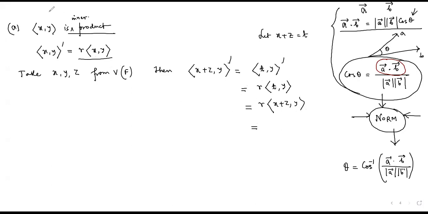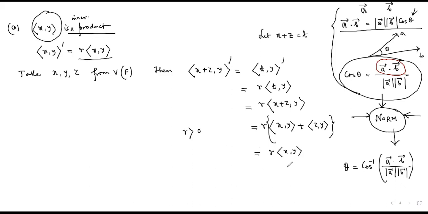Now you know that XY is inner product. So you can apply the first property on this inner product. You cannot apply it directly on prime, but you can apply it on this inner product. So we can write it as X comma Y plus Z comma Y, since XY is inner product. Now R is positive, and you will multiply these terms individually.